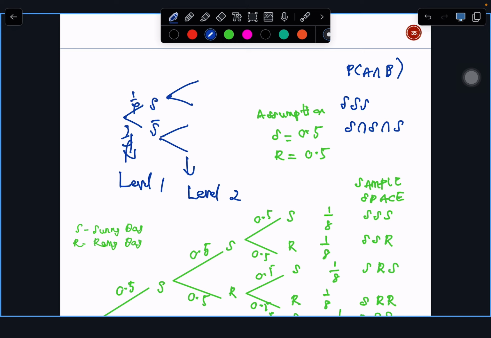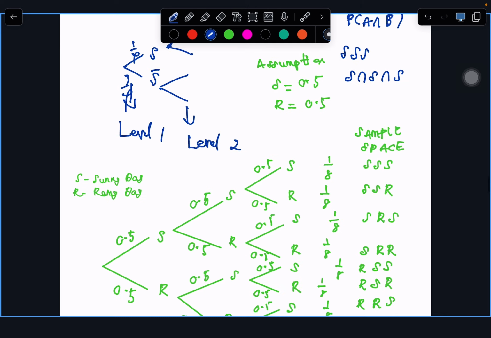So if the question asks to find P of S intersect S, you should take this one multiplied by this one multiplied by this one, because that is SSS. Okay, so basically it means S intersect S.